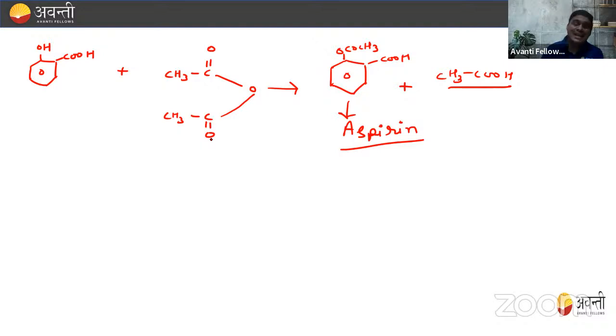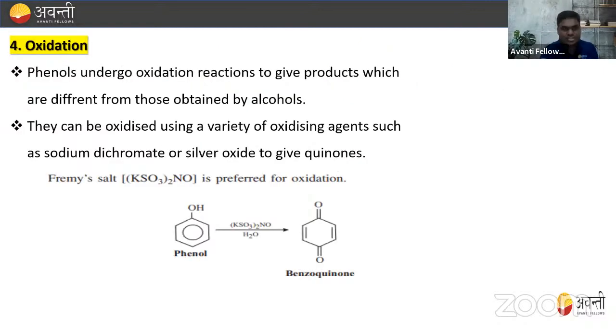So this is the anhydride. When we treat salicylic acid with the anhydride, we get aspirin plus CH3COOH. Always remember this. It has come in papers many times. Whenever salicylic acid is treated with anhydride, we form aspirin. Clear as a book?